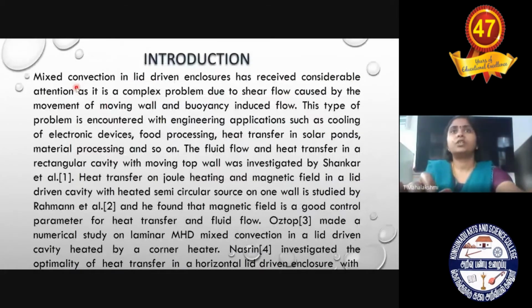Mixed convection in a lid-driven enclosure is mainly used in equipment cooling and heat transfer in solar ponds, material processing, and cooling of electronic devices. Many researchers have concentrated on mixed convection.